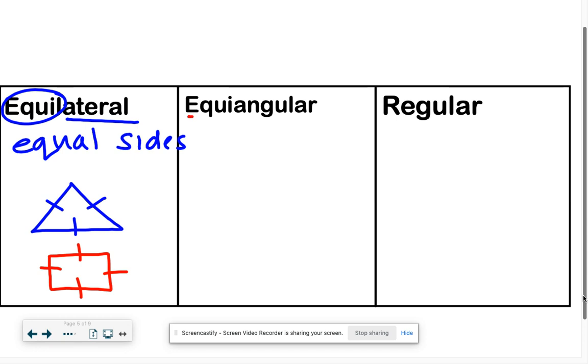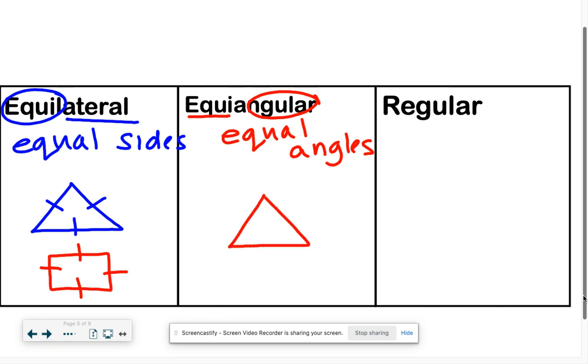Equal angular means equal angles. And remember, we look for those arc marks to tell us that angles are equal. So those little arcs would give us equal angles. Now, regular means both your sides and angles are equal.